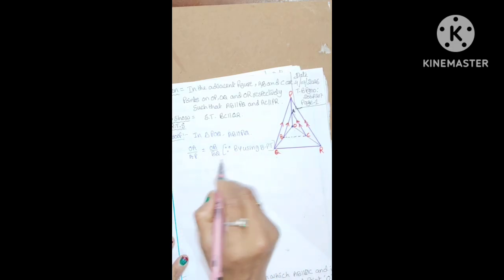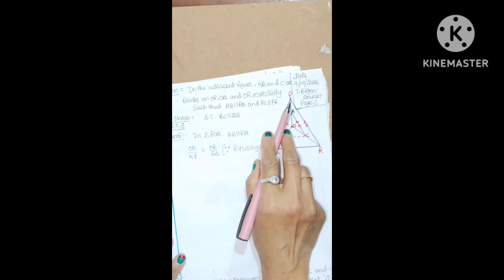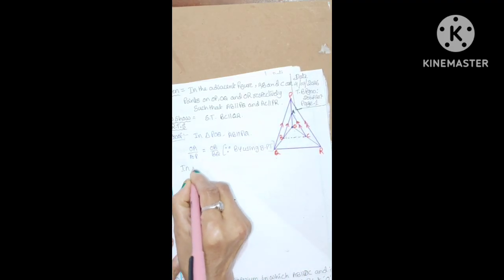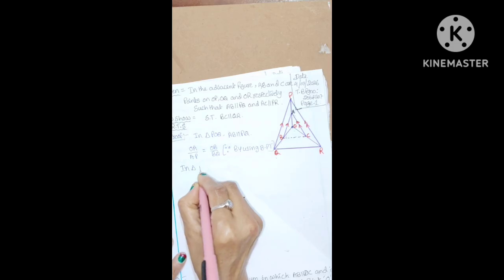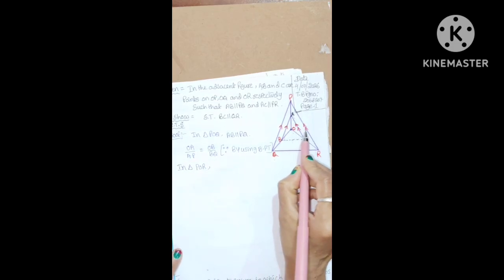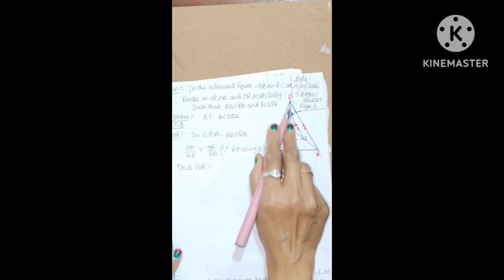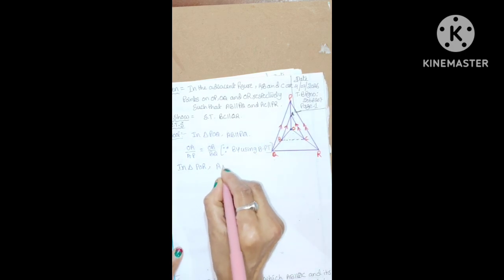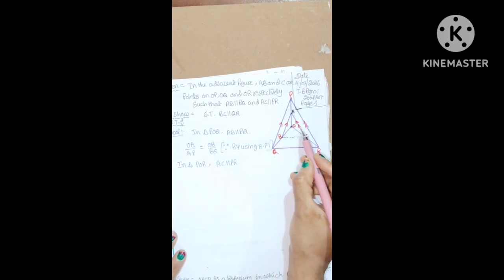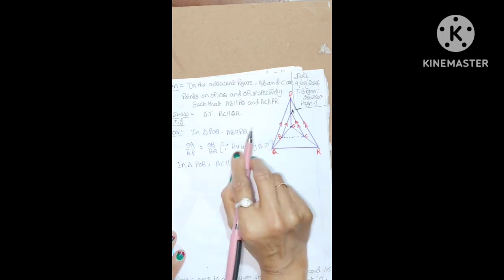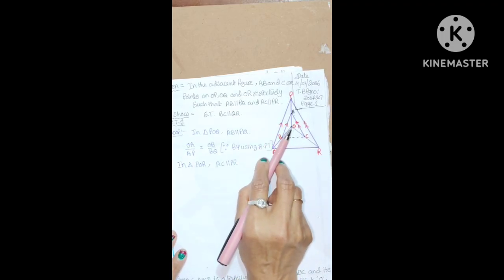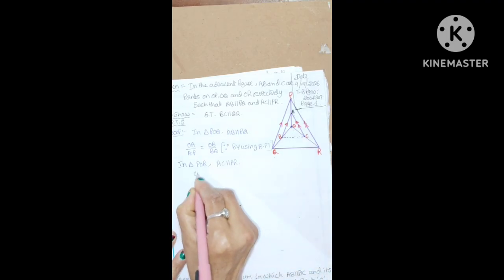So it's over. Next, take the other triangle, triangle POR. In triangle POR, which two sides are parallel? AC is parallel to PR, as given. And by using the BPT, the ratios are equal: OA by AP equals OC by CR.